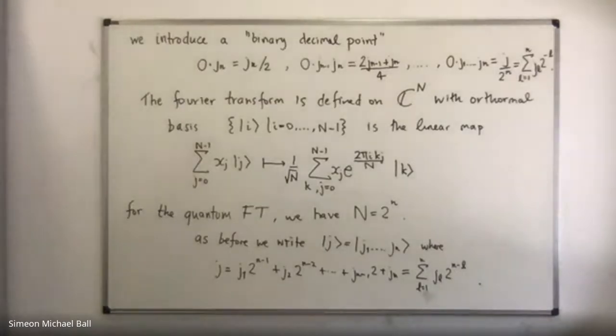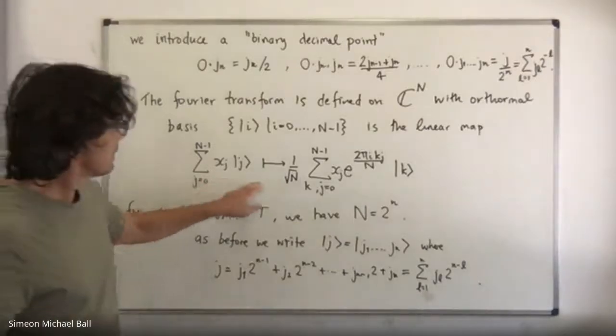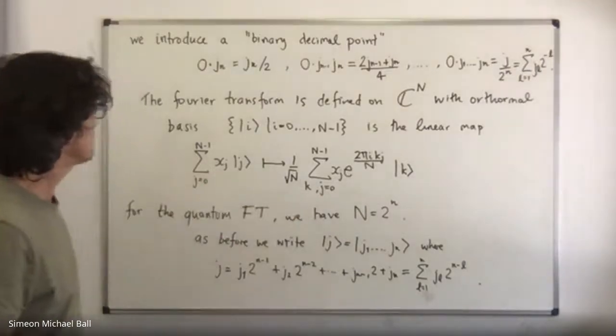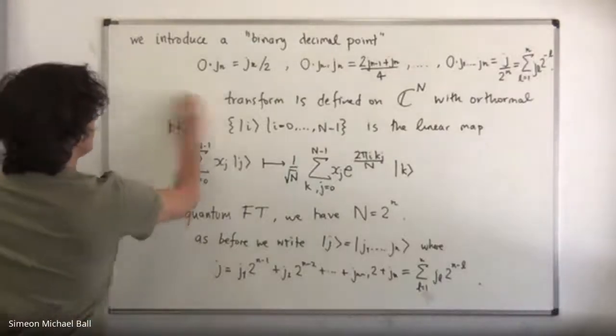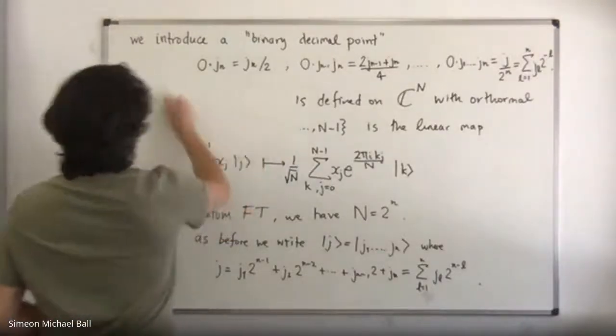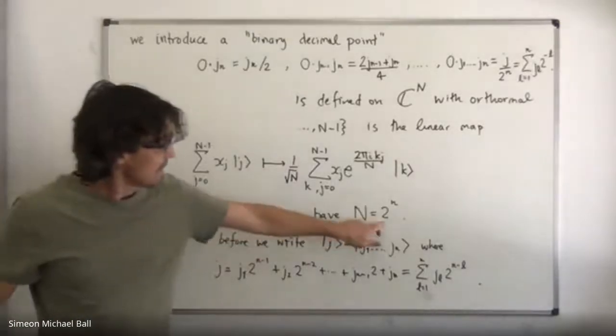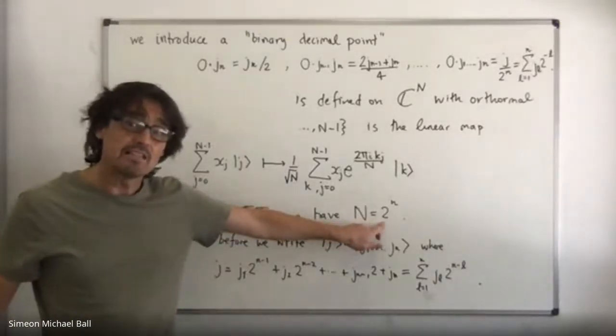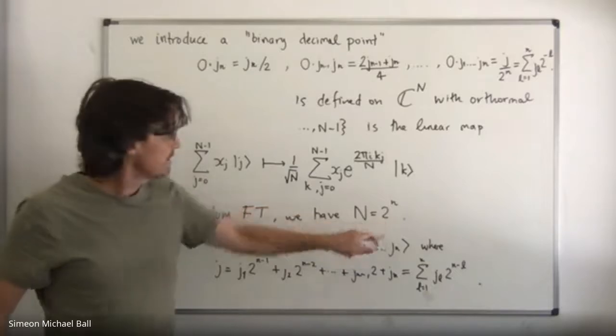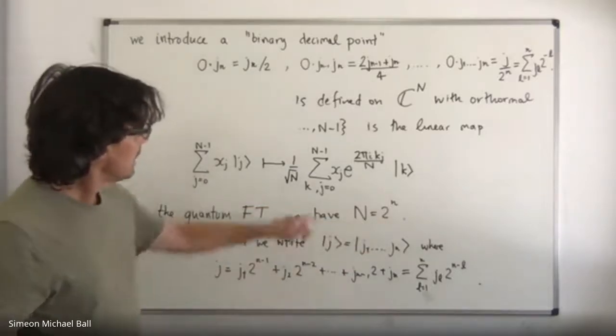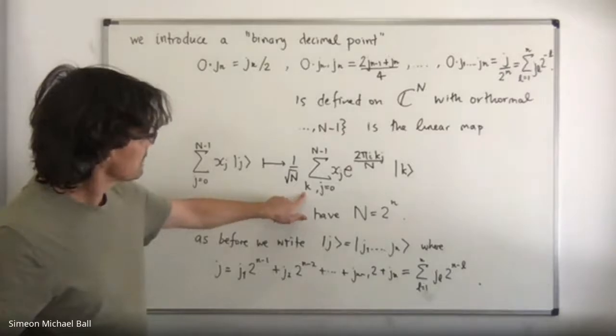Well, this notation is useful because it now allows us to write this quantum Fourier transform in a different way. The key problem we have is that we have an exponential, this N is 2 to the n, so we have two exponential sums here.